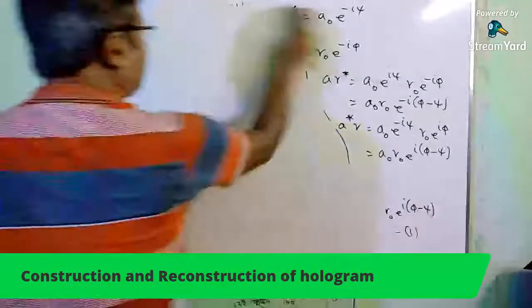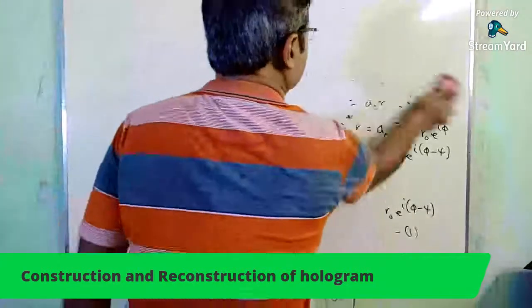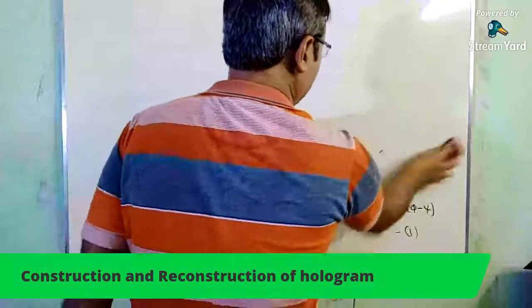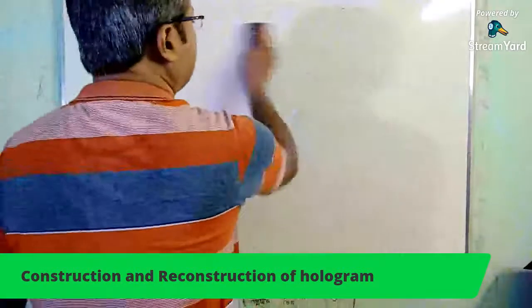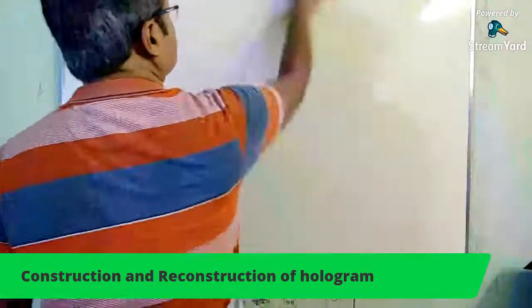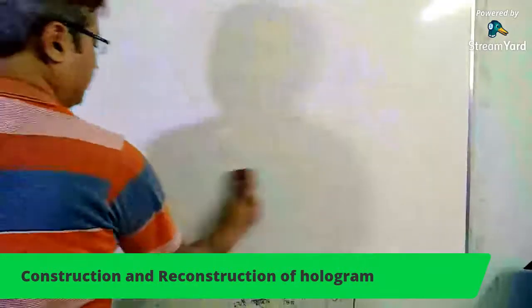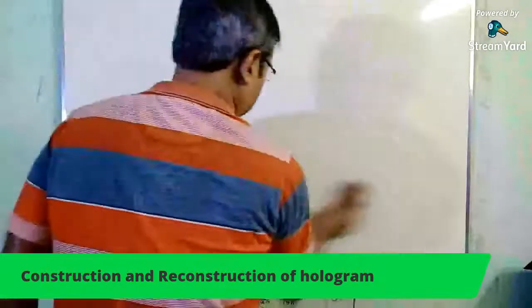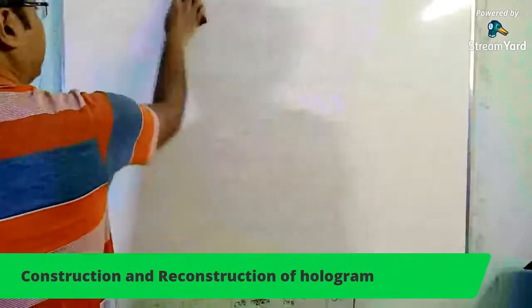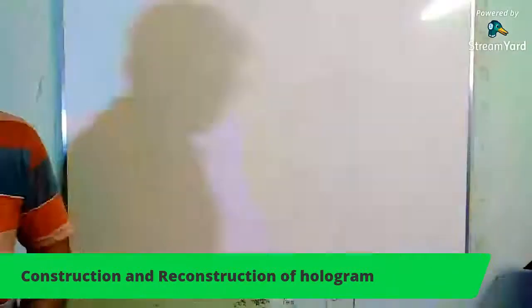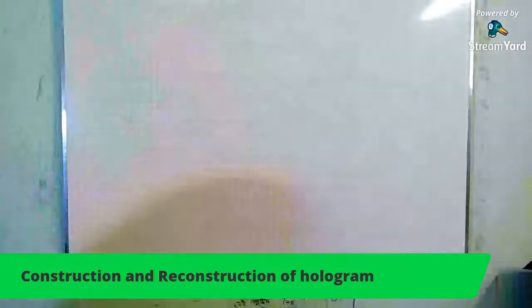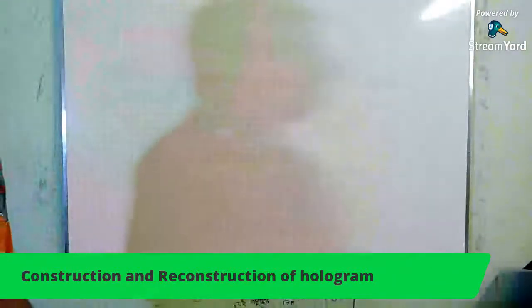We have already found how a hologram can be constructed. Now the second part, the reconstruction part, is that if the hologram is formed, how will we get the information from the hologram. So this is the reconstruction process.